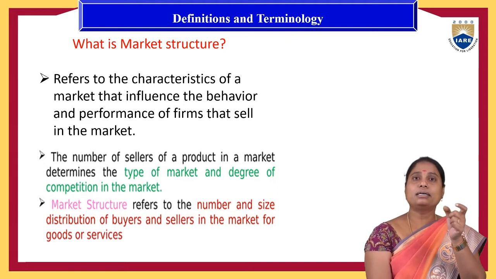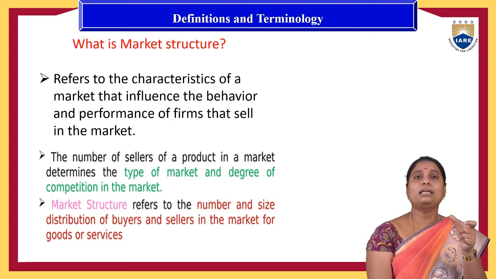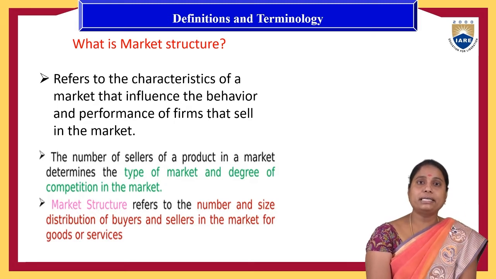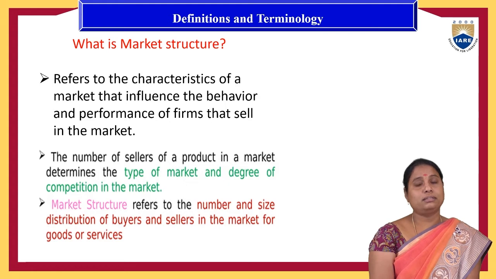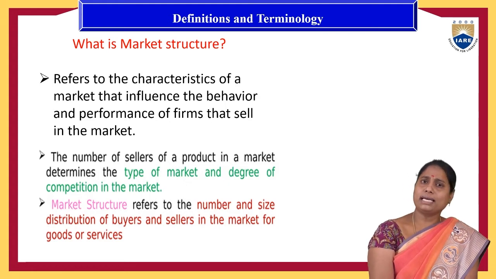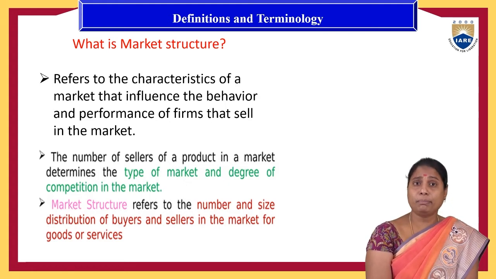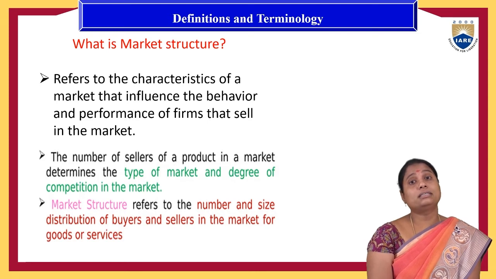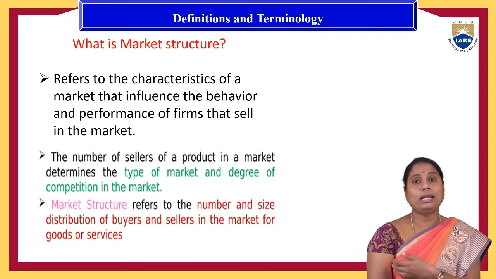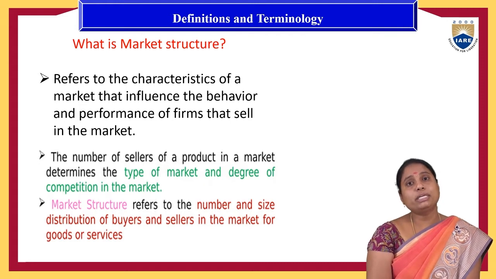That is the characteristic of that market. In some markets the buyers are fewer and the sellers are more. In some markets, the market is not physically existing, as when we purchase online. If it is virtually existing, that is again a characteristic of that market.